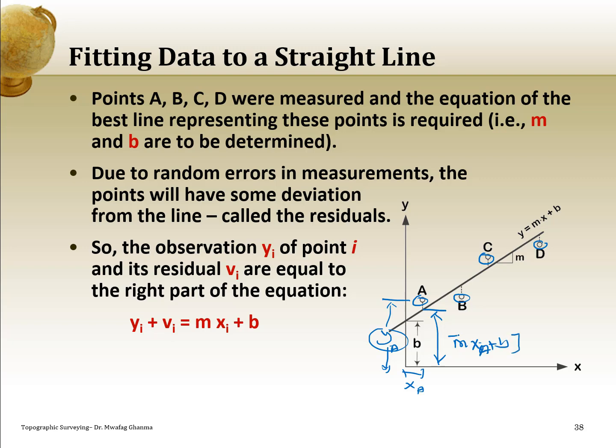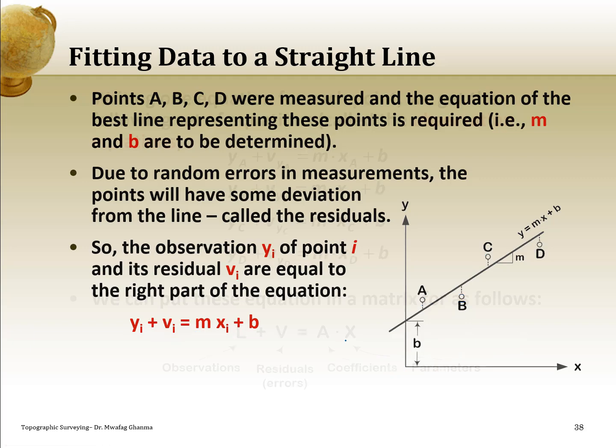So this is the value from the line, plus this small amount, which is the fluctuation, the random error. So the y that we measure plus the random error equals the value of the function for the point x.